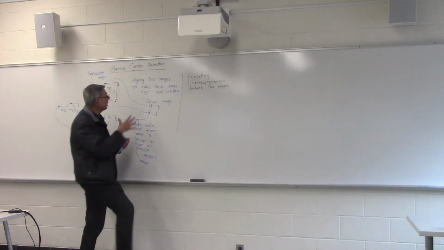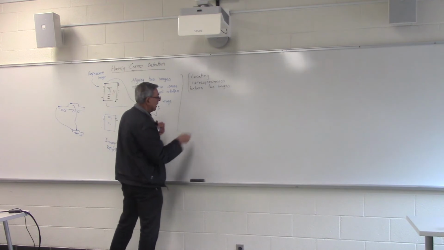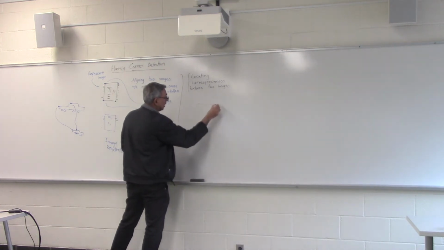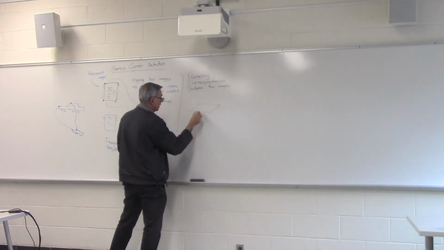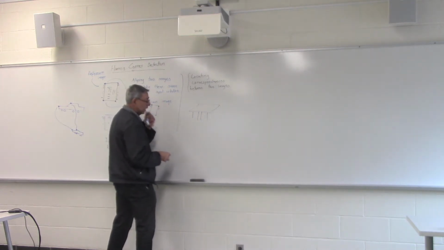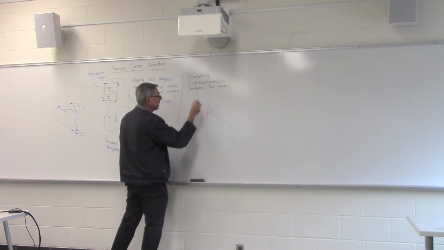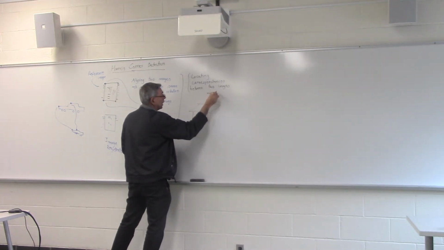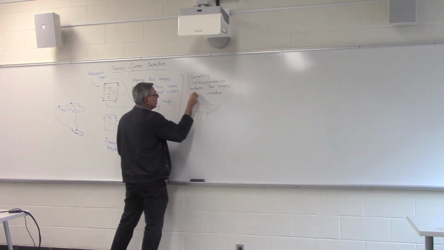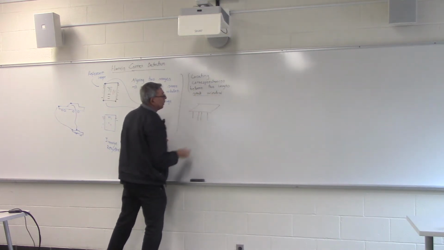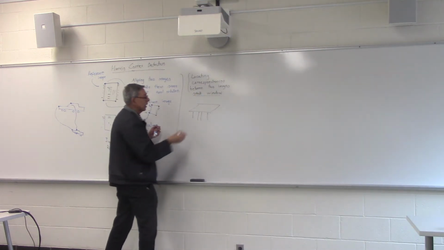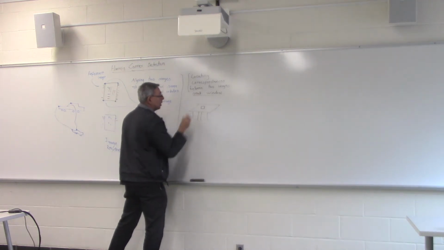So the fundamental idea is pretty easy. Let's say you are given some table, with some legs or whatever. In the Harris corner detector, what we do is we create a small window. For example, this could be 10 pixels by 10 pixels. So here's a small window.